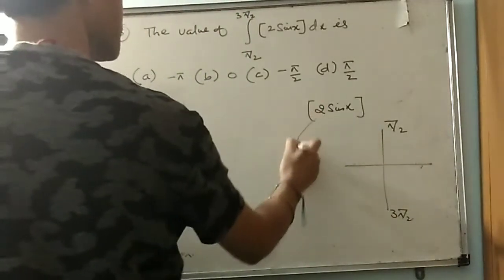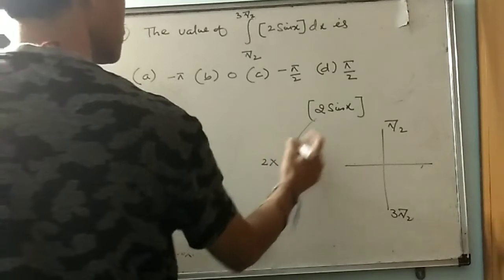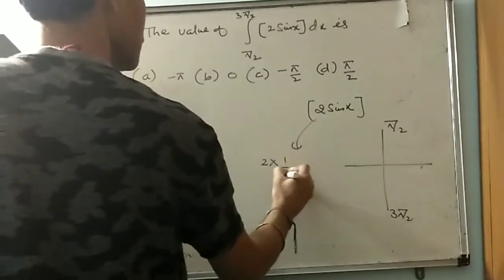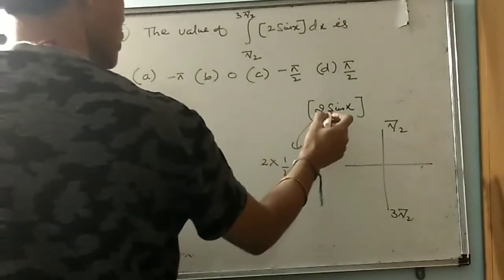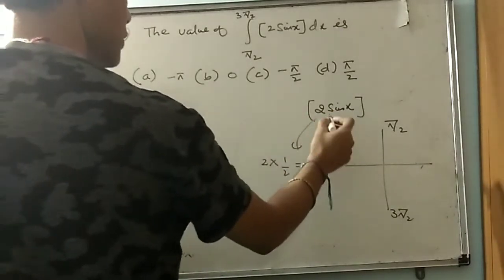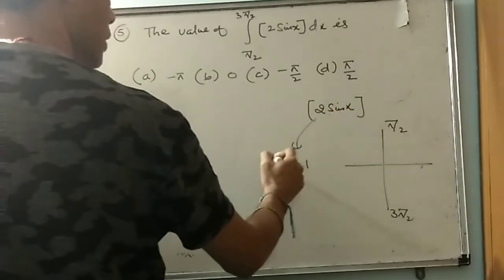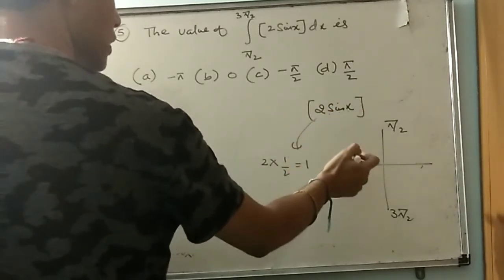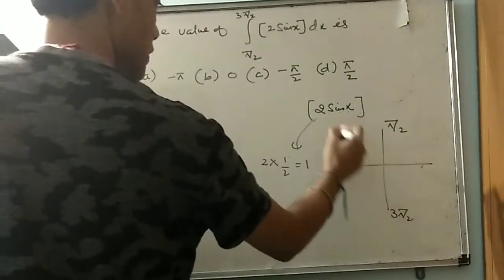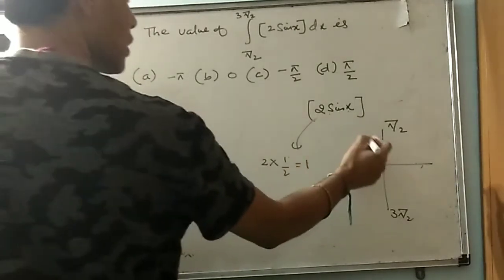So 2 into this half is going to give us 1. So that is how we have to plan the things. Had it been 3, we should have tried for 1 by 3. Obviously the function would have been some different function, but that is how we need to plan the thing.